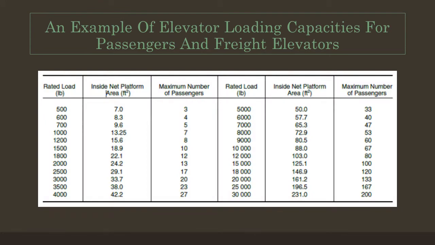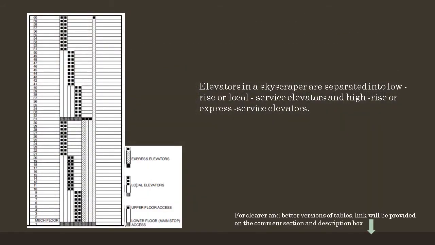An example of elevator loading capacities for passenger and freight elevators. Elevators in the low-rise group should serve the lower portion of the building, while elevators in the high-rise group travel directly from the main stop to the upper portions of the building.